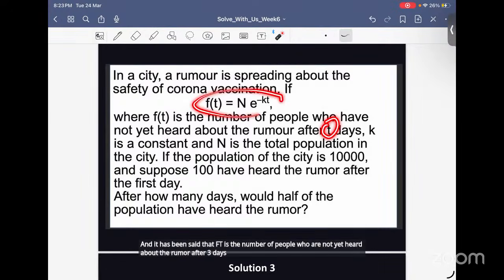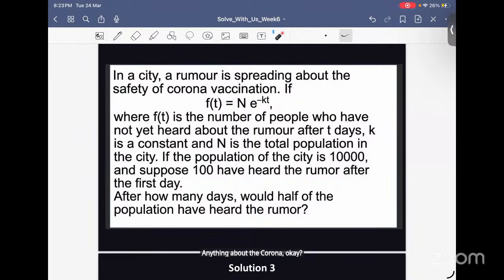So this function tells you the number of people who are not aware of anything about the corona rumor till the t-th day. k is some constant and N is the total population. If the total population is 10,000, and suppose that 100 people have heard the rumor after the first day, then after how many days would half of the population have heard the rumor?